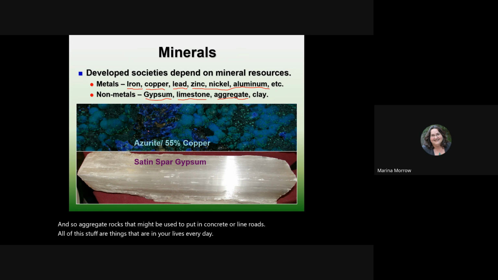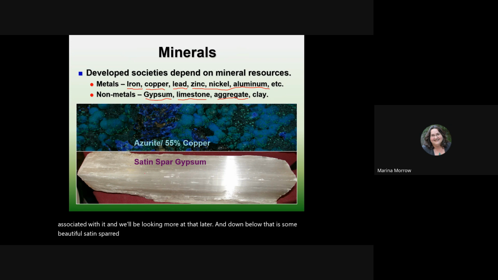Here's some beautiful examples. Now, azurite is a gorgeous stone, but often it is just mined for the copper content. So it's a beautiful material. Copper often has blue or green colors associated with it, and we'll be looking more at that later. And down below that is some beautiful satin spar gypsum.